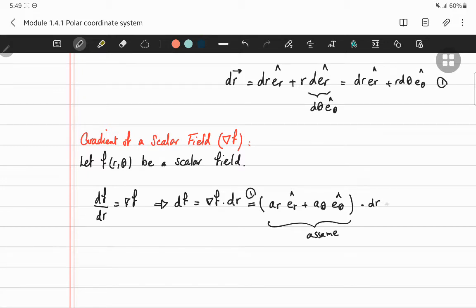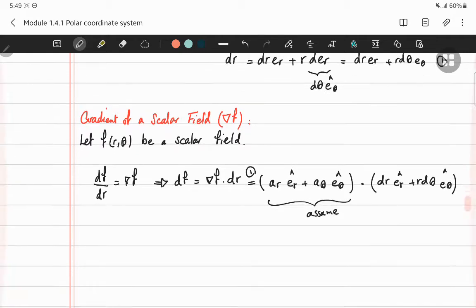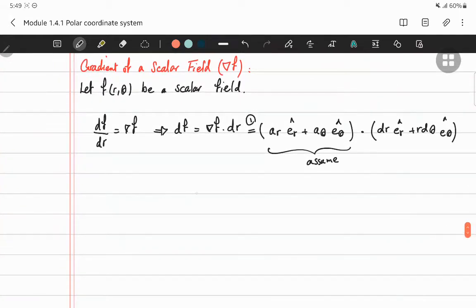We say that this is dr er plus r d theta e theta. So if we apply the dot product, this becomes Ar dr plus A theta r d theta.